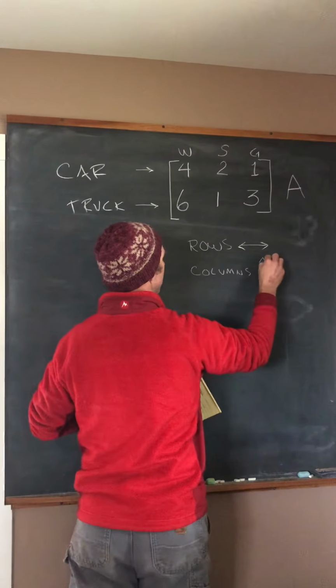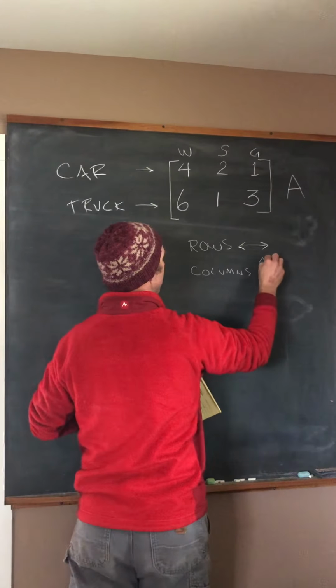Along with this dimension, every spot has its own address, I guess you could say. So if I want to look at this spot right here, this is going to be matrix A. So we already talked about the A, so we know A is a 2 by 3.